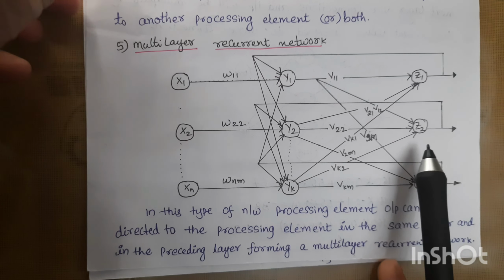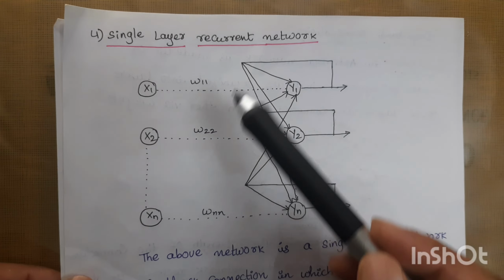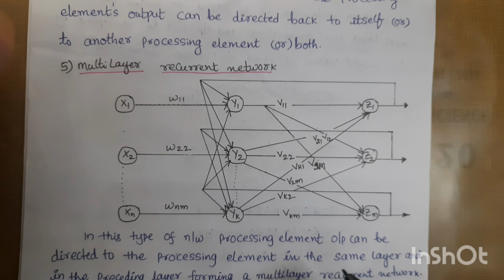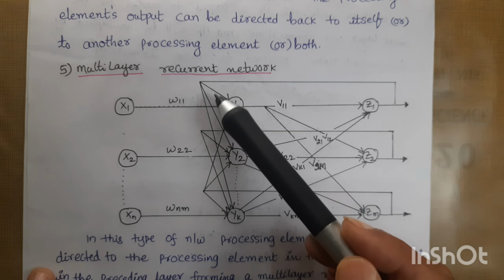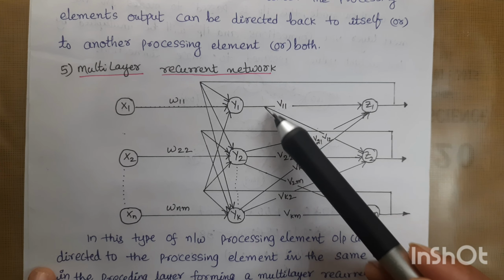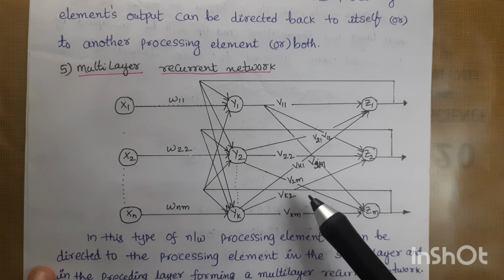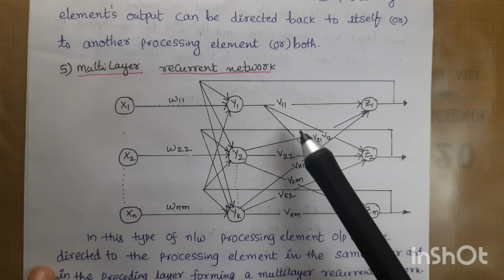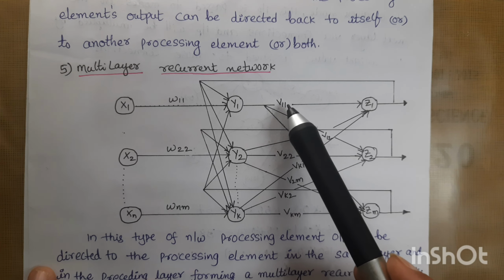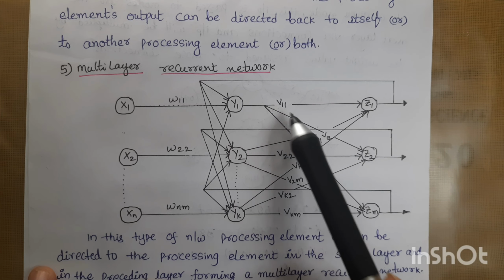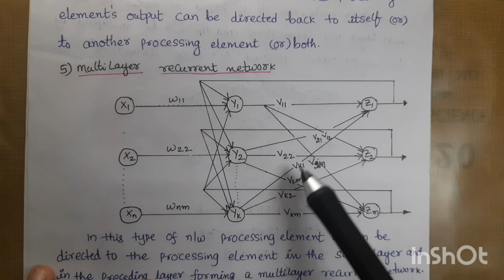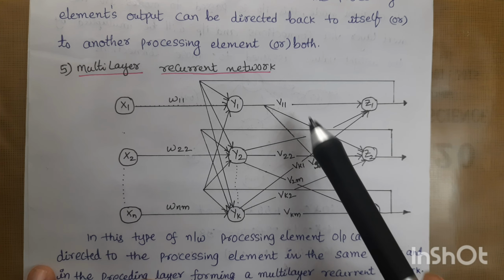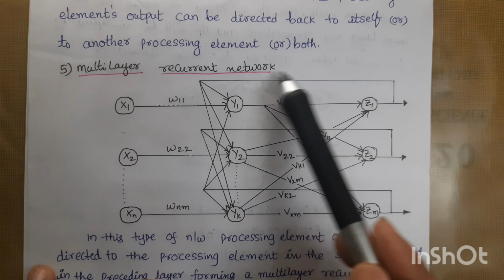In this diagram we have only a single layer, but here we have multiple layers. Here y1, y2, y3 are connected, and v11, v22, vk2 are connected with these nodes. So v1 is connected with z1, with z2, and v11 is connected with zm. So this is all about the multi-layer recurrent network. A multi-layer recurrent network always provides loops.